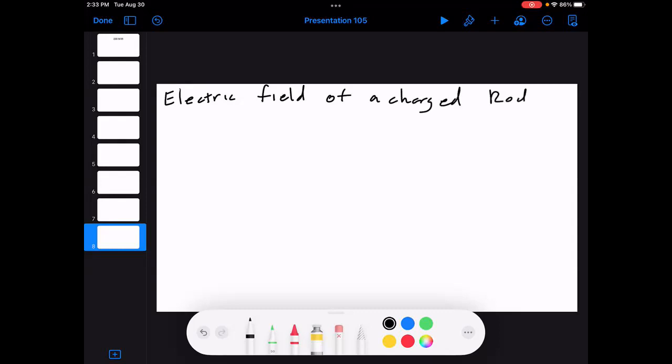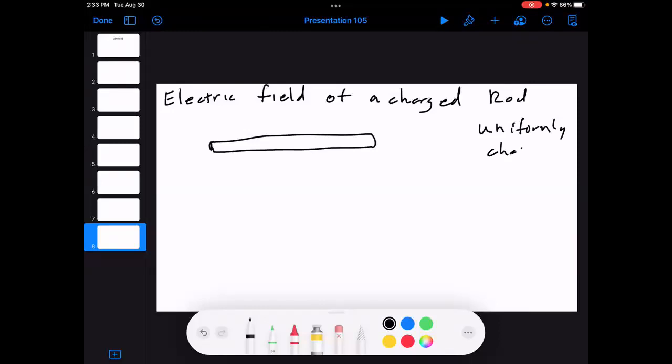Okay, so I have a uniformly charged rod, and there are a few key words here we're going to talk about. So this is uniformly charged, and that means the charge doesn't collect on one end or another, it's just spread out evenly.